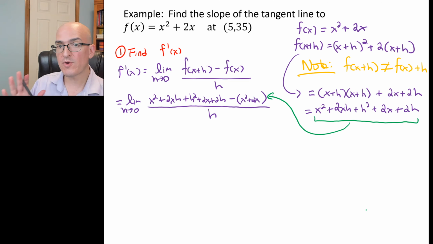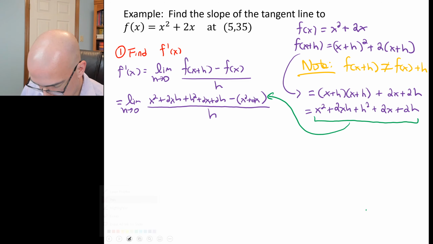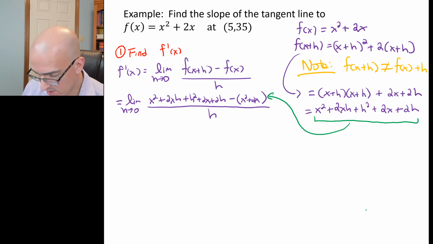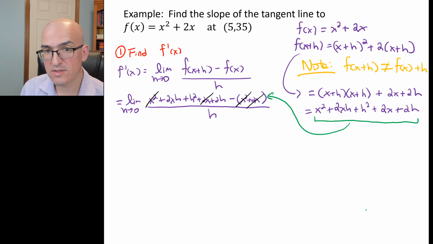Now, if we do everything right, here's a little hint for you: all the pieces that don't contain h will cancel out at this step. So x squared, subtract x squared. 2x, subtract 2x.